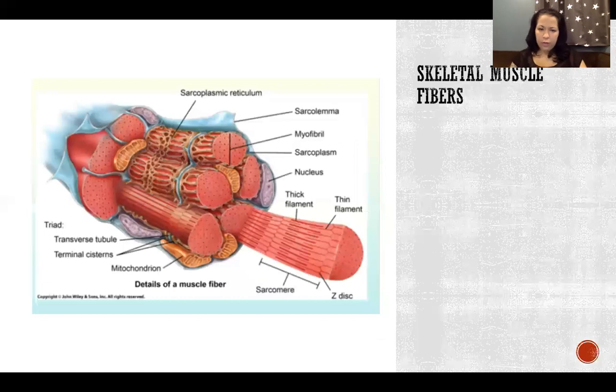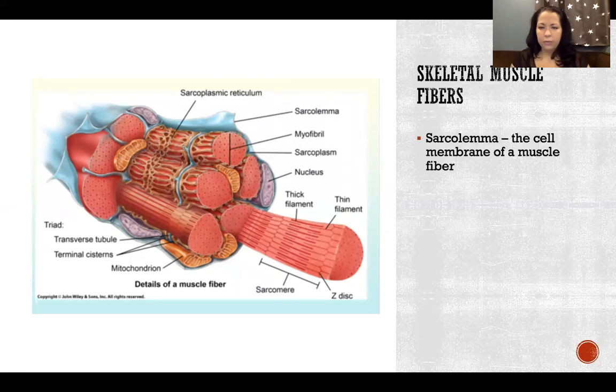All right, so this picture looks very similar to the one we were just looking at, but now we are way zoomed in. So we were looking at a whole muscle divided into fascicles and fascicles divided into muscle fibers. This is one muscle fiber, and we're looking at what is happening inside of one muscle fiber. So the organization looks exactly the same as what we just saw, but we are way zoomed in compared to the last picture.